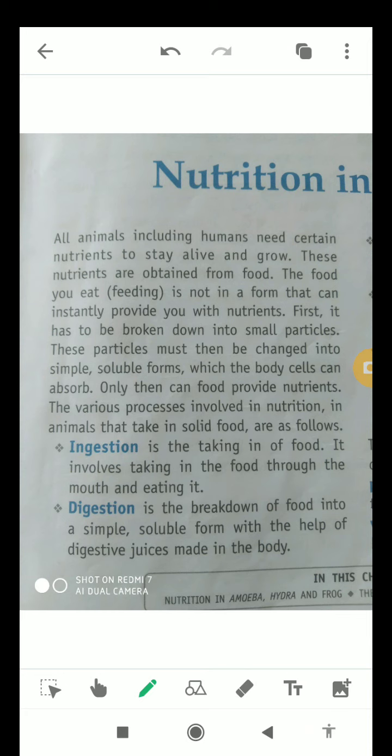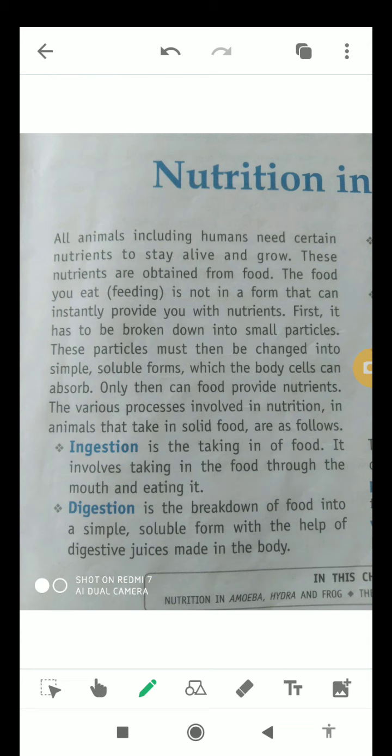First, this food should be broken down into smaller particles, or we can say it should be changed into a simple or soluble form which can be absorbed by our body cells. Okay, only then the food provides us the nutrients.